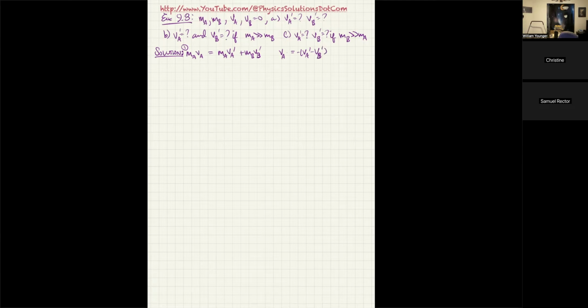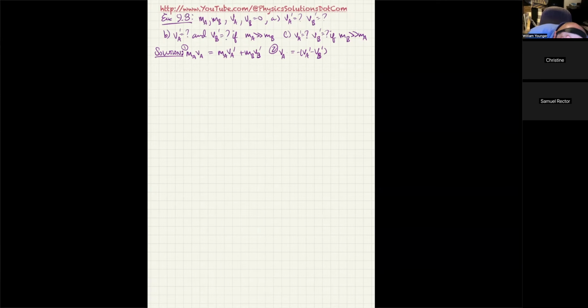And that's going to be equation 2. We can also use conservation of kinetic energy and so on and so forth, but we don't necessarily need it. It's been used already to some extent. So what we can do is solve one expression, for instance, for VA prime, and then plug it into the other expression. It doesn't really matter, you can just take any one you want.